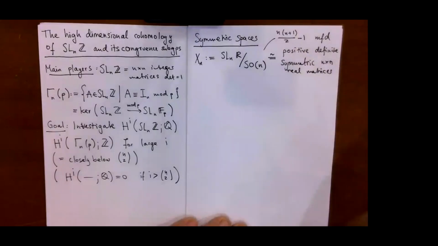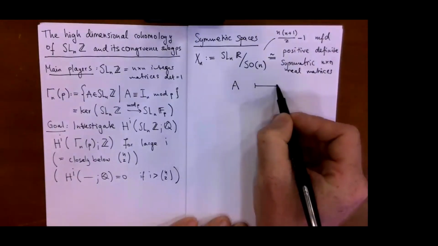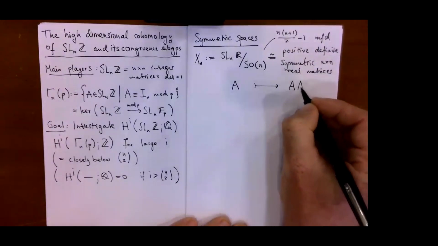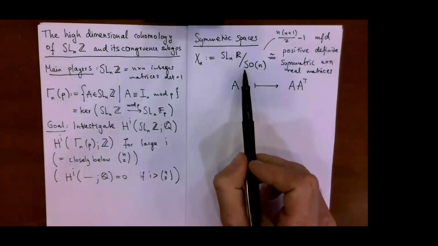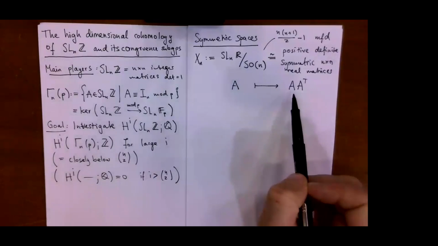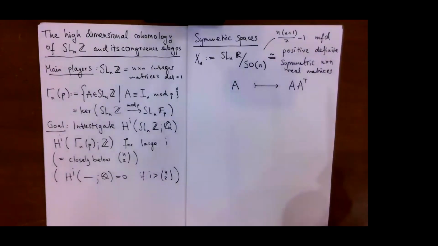So how would you see that? Well, if you take a matrix here, you would have to send it over here to A times A transpose. That's certainly symmetric. In the exercises, you will see, and if you haven't done this before, it's maybe nice to play around with this, that for SO, you will send this to the identity matrix, and it's always a positive definite matrix that comes out this way.